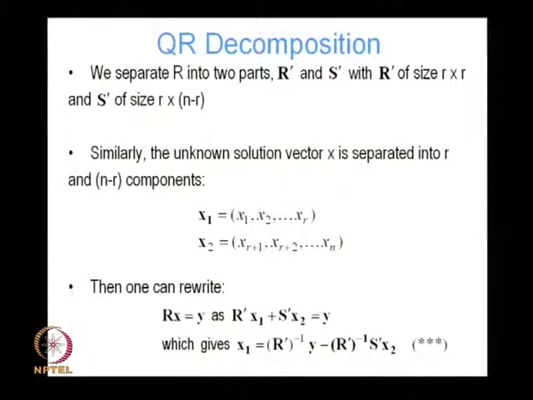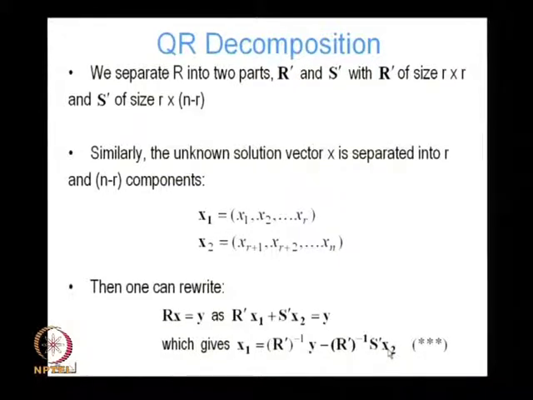Then we can write Rx is equal to y, with R split into R prime of size r by r and S prime of size r by n minus r, and x split into x1 of size r and x2 of size n minus r. So, R prime x1 plus S prime x2 must be equal to y, which gives me x1 as R prime inverse y minus R prime inverse S prime x2.